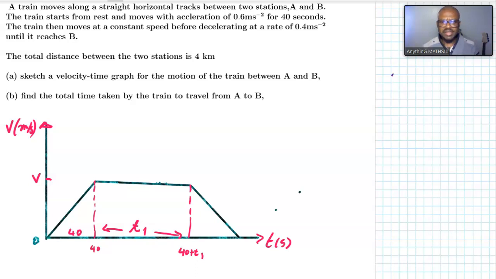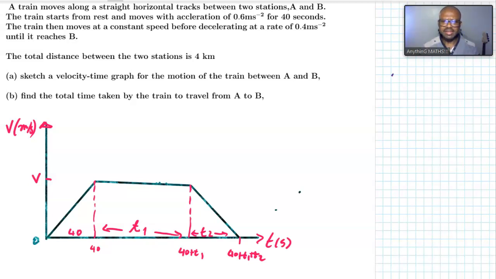And we represent the time used for deceleration as T2. As a result, the final time will be 40 plus T1 plus T2. And this represents the answer for A. You are supposed to find the total time taken by the train from A to B.